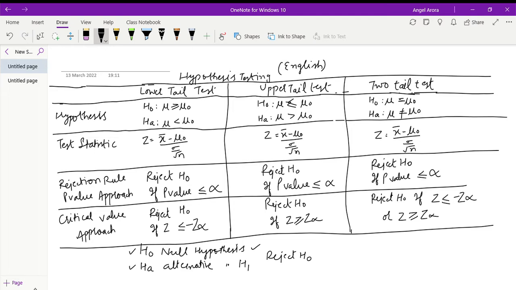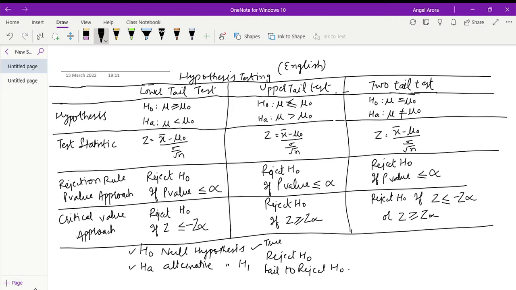And if they do not come up with any evidence, then we will fail to reject the null hypothesis, because if we don't find any evidence against the null hypothesis, then the null hypothesis is assumed to be true.